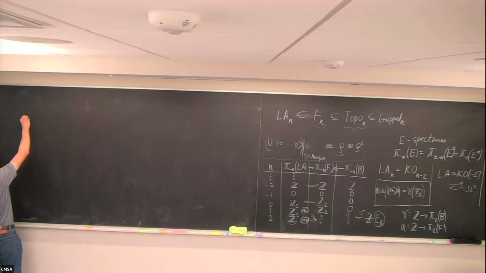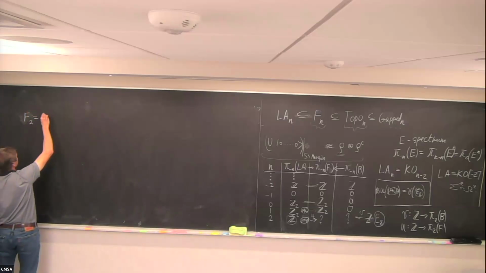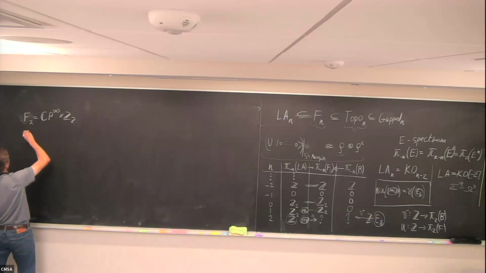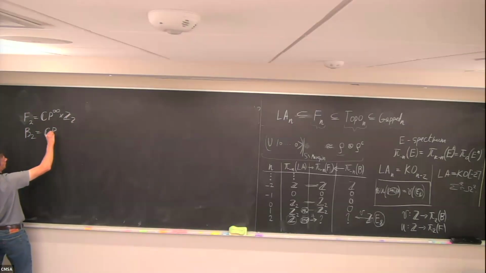Namely, we know that F2 equals CP infinity cross Z2, and B2 equals just CP infinity. And this is very easy to understand.